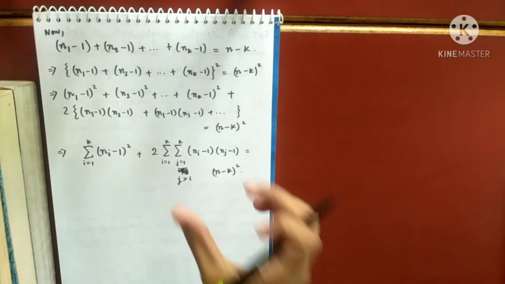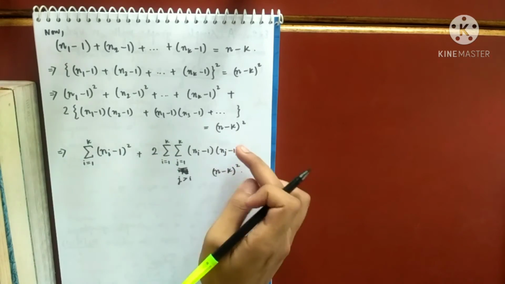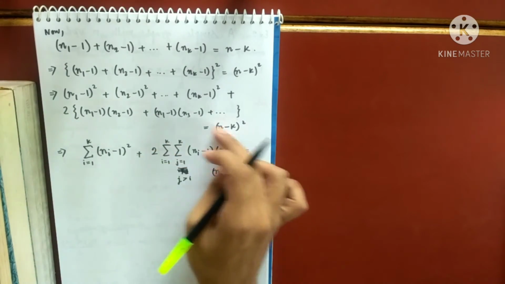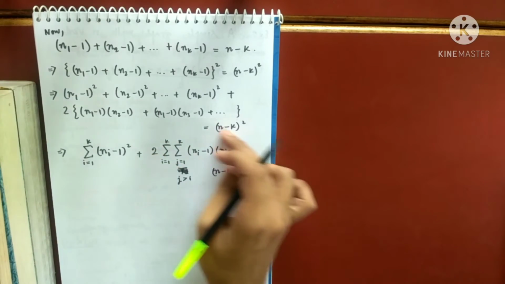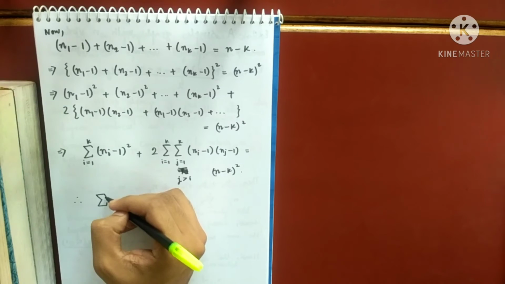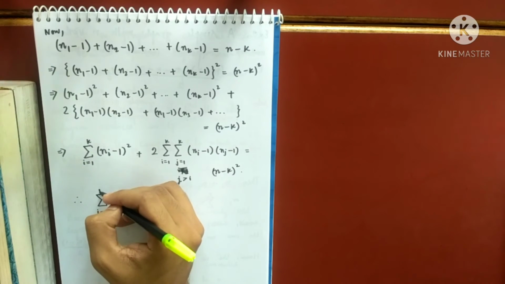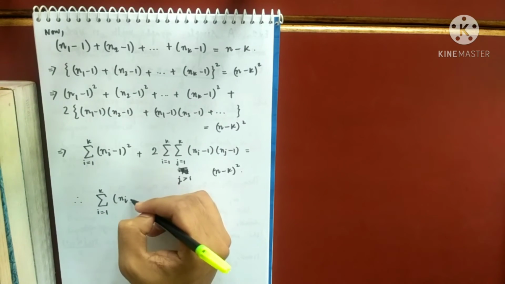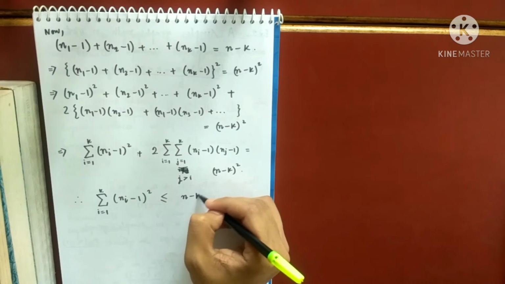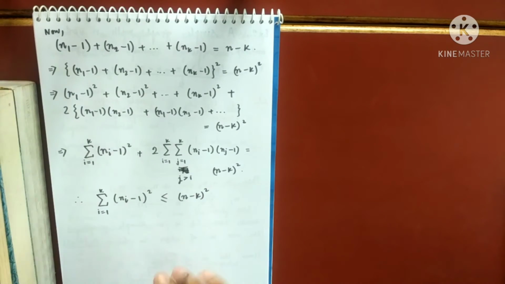Now, this is definitely a positive quantity. So therefore, this will be less or equal to (n minus k) whole square.